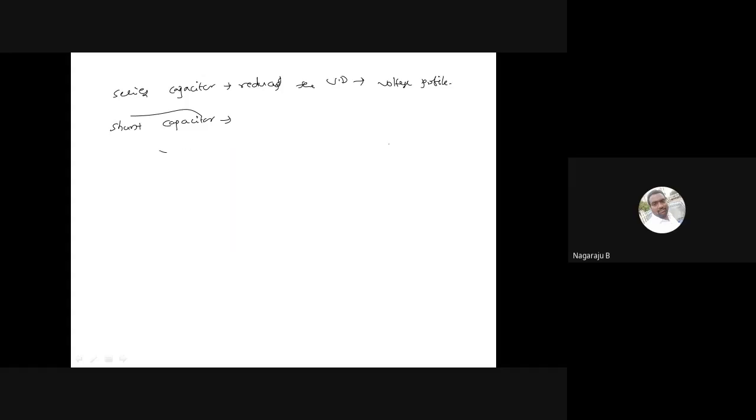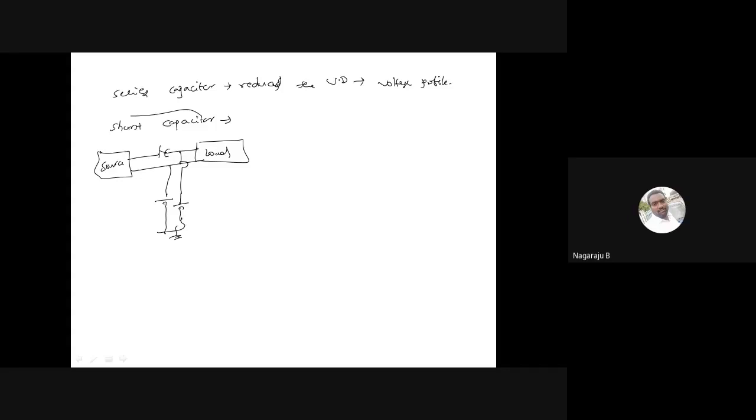I'm drawing here the source. In between, you have a load. This is the load. This is the series capacitor, and this one is the shunt capacitor. So this is about the shunt capacitor.